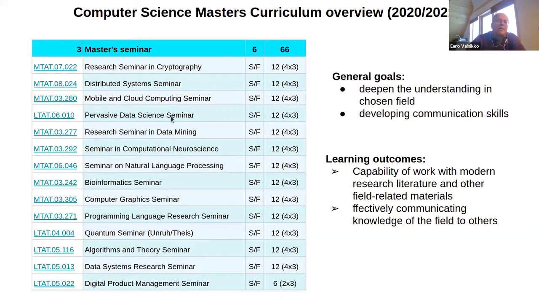But you can also combine, take something from one of the seminars and next semester something else. And as it was said, you need 6 credits to get here.